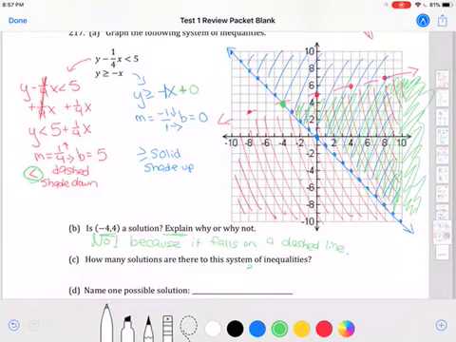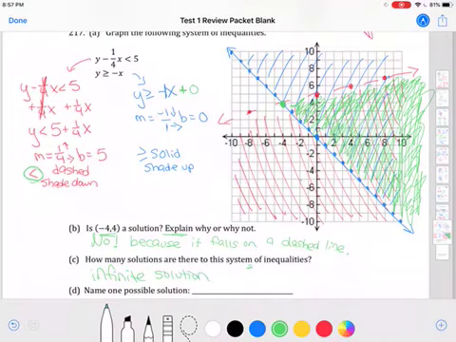And remember, it does go on past the grid. Even though your grid ends, your solutions continue on. So all the points in where I'm really having fun coloring in green right here are the solutions to the system. How many solutions is that? Infinite solutions. There are infinite solutions in that little tiny triangle alone, but there's even more when I extend it past the grid.